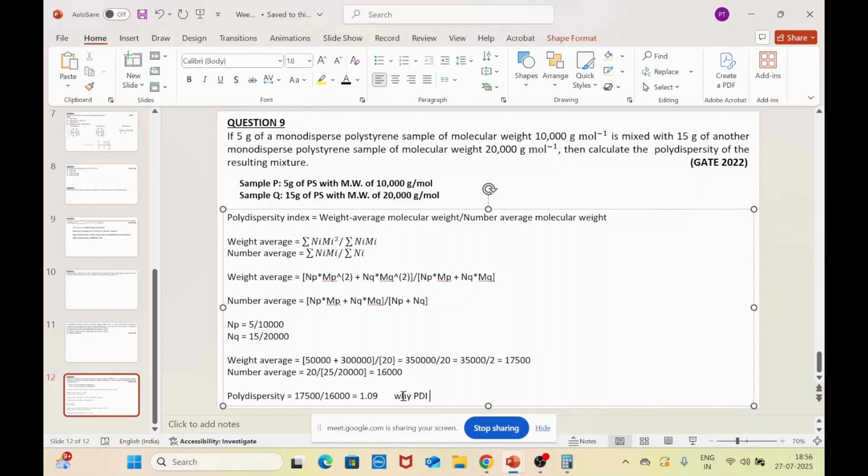So PDI is the acronym for polydispersity index. Let me put this question.